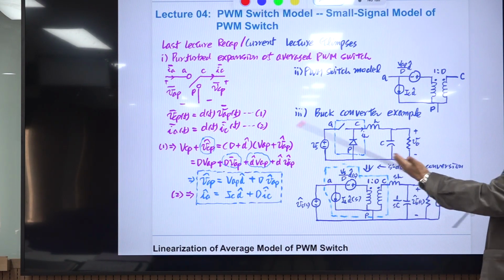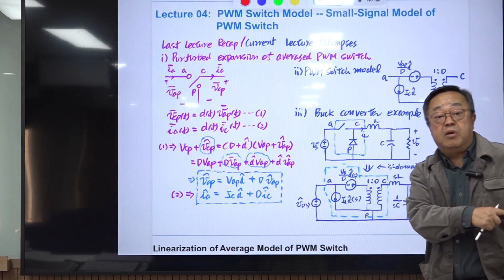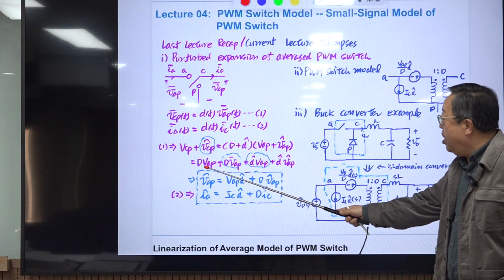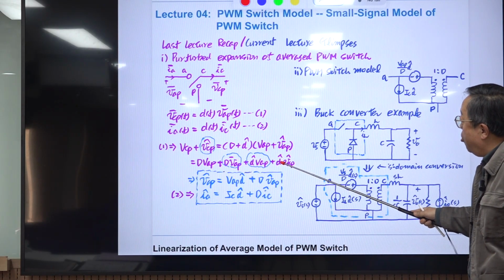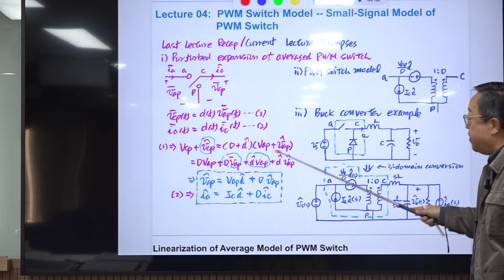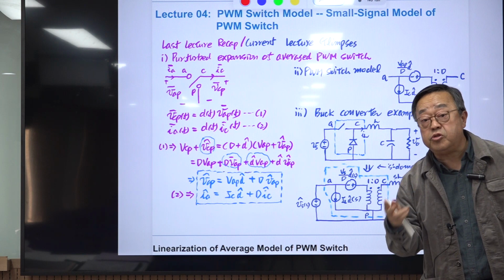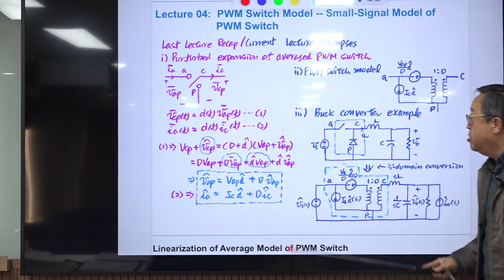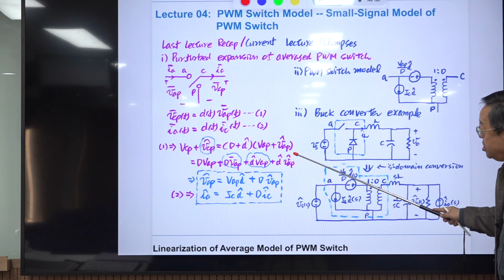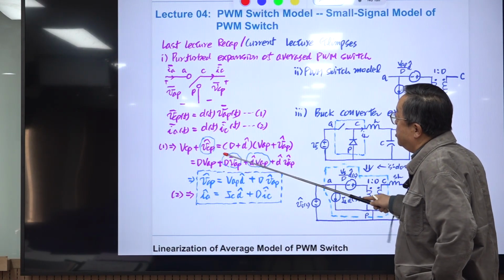Okay, and you just expand it out, and you have this. This is the DC term. You are not interested in this term, and this is the second order term. This D hat is very small, and VAP hat is very small. So the multiplication of 2 small variables can be considered very small. So we ignore this and collect only the first order term of the AC component.